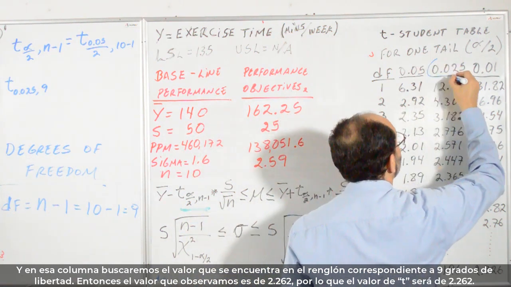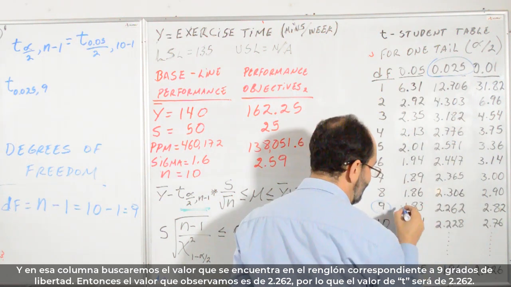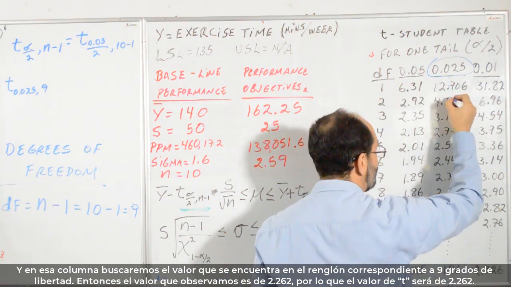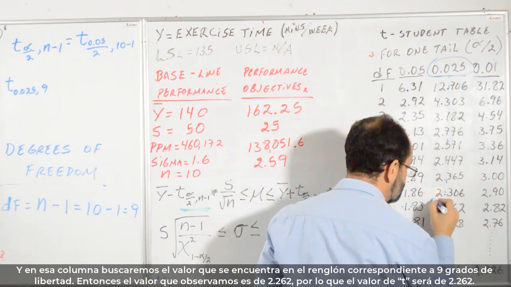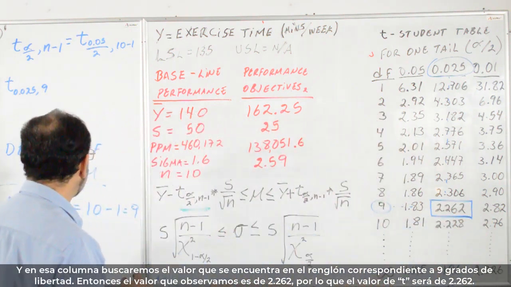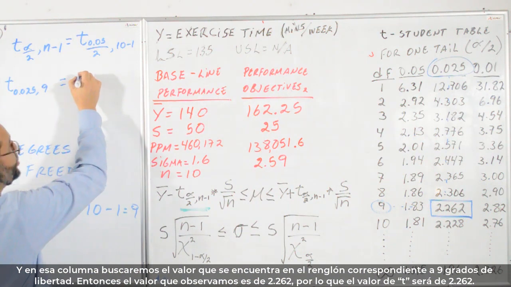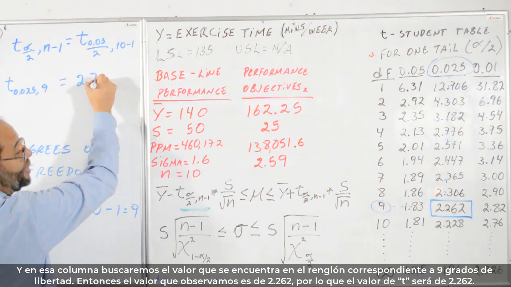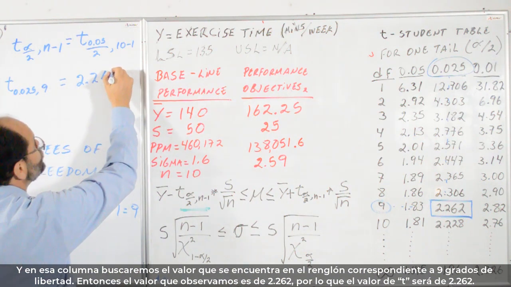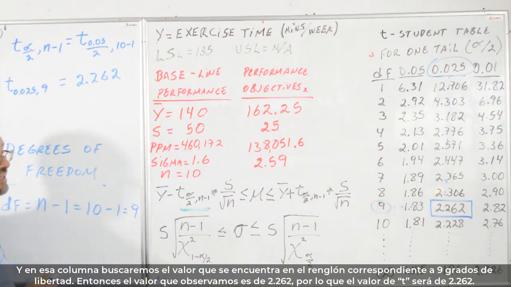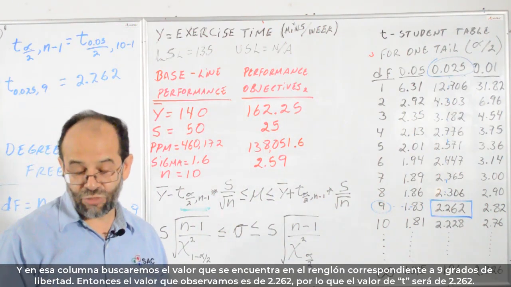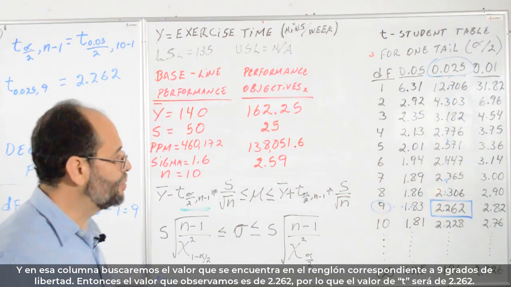This is the alpha to use. And then the value that we are getting there for T is 2.262. So the value of T is 2.262, and that will be the T test, the t-value. That's coming from tables.